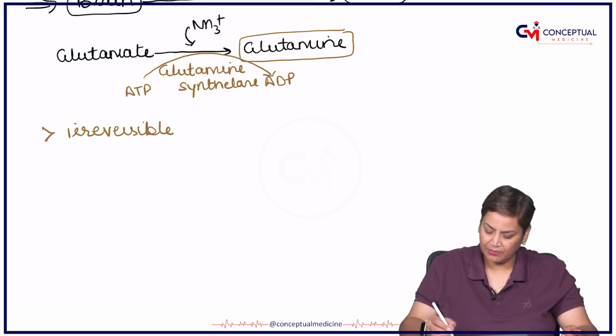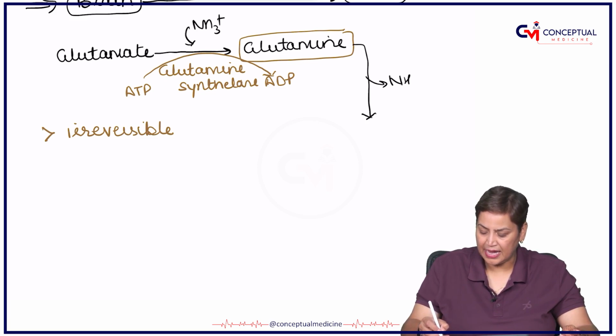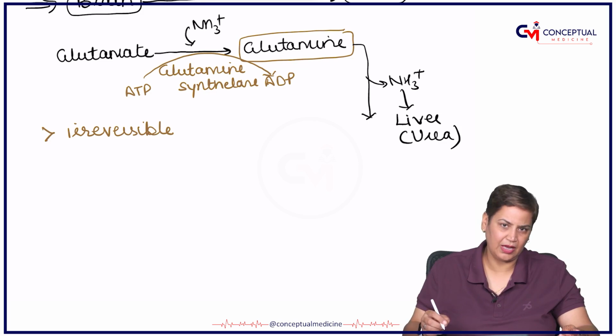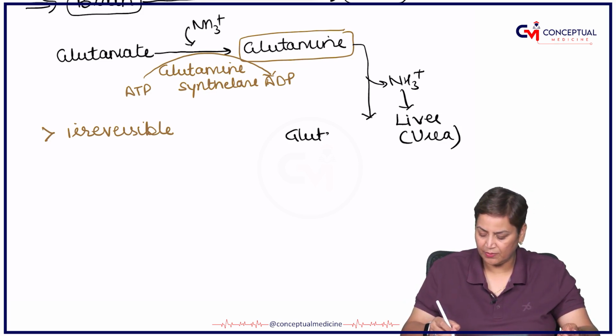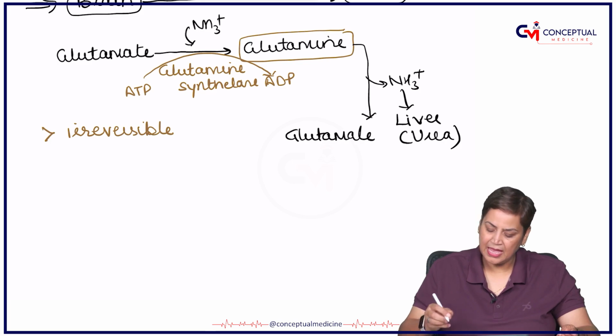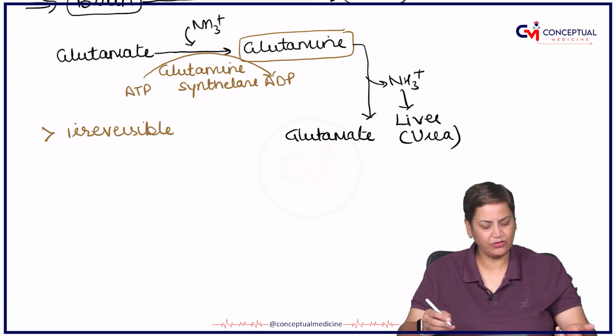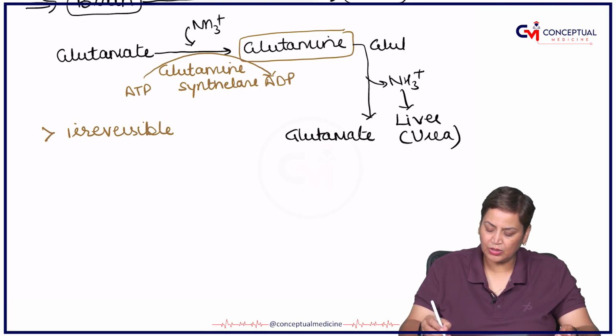This glutamine will take this amino group or ammonia and hand it over to the liver, where it can undergo the formation of urea. And once it hands this over, it is converted back to glutamate. Here the enzyme is glutamine hydrolase, or you can say glutaminase.